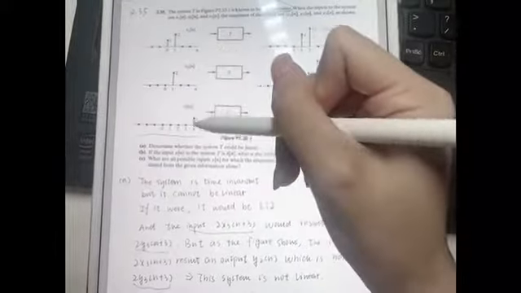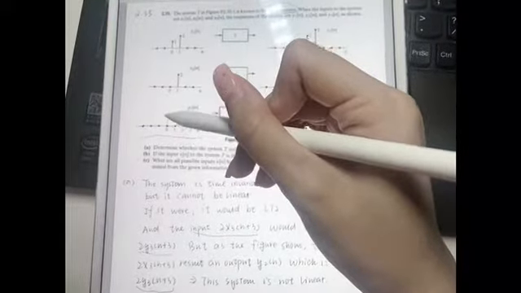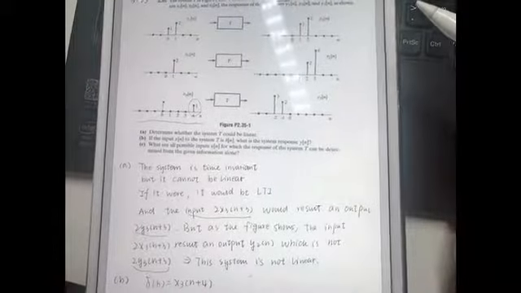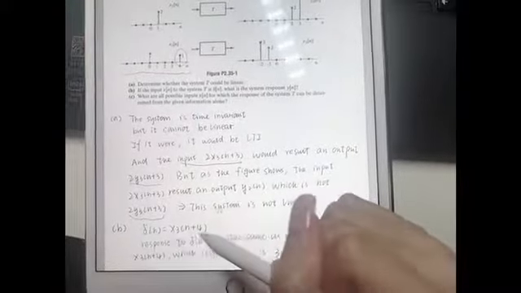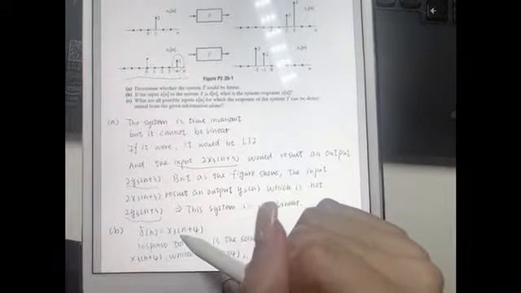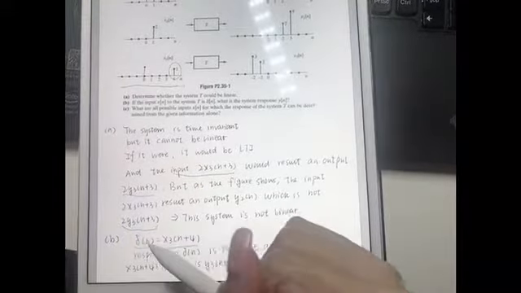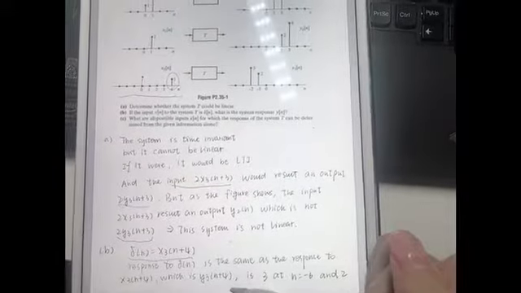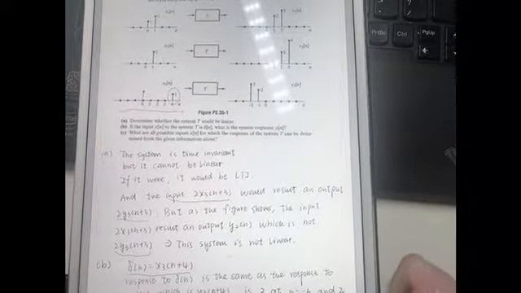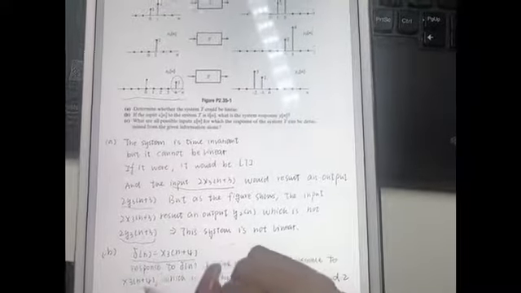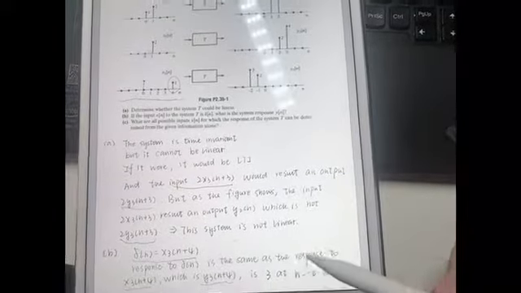That is, just move this to x equals 0. So we can write x3 n plus 4 will equal the impulse function of n. So the response will be the same as the response of x3 n plus 4, which is y3 n plus 4.